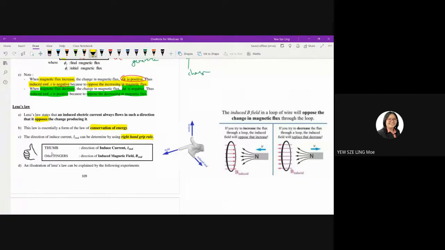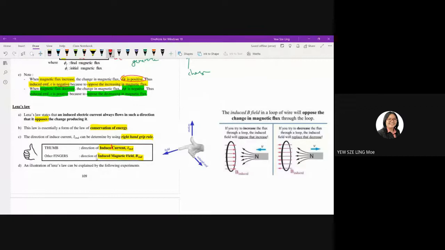The only difference is in this chapter, the thumb is still representing current, but it represents the direction of induced current. The four fingers are still representing the direction of magnetic field, but now it represents the direction of induced magnetic field. Induced current and induced magnetic field.